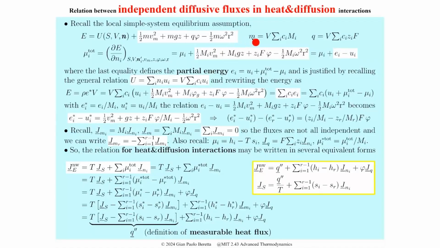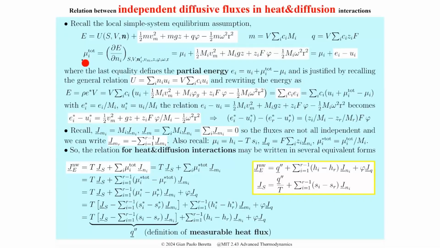And of course, we remember that the mass is related to the concentrations via the molecular weights, and the charge Q is related to the concentrations via the individual charges Z of your molecules.